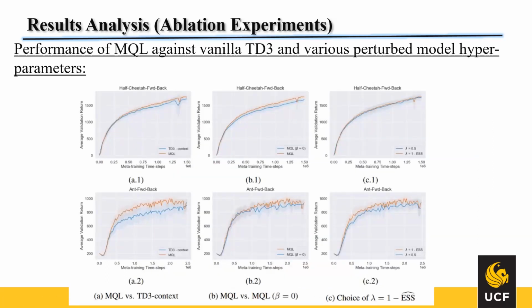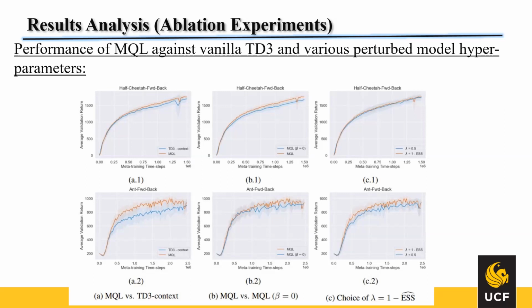Here we are basically evaluating some hyperparameters of the MQL. First, we are comparing MQL with TD3 context. As you can see, even with the context, MQL is performing better than TD3.